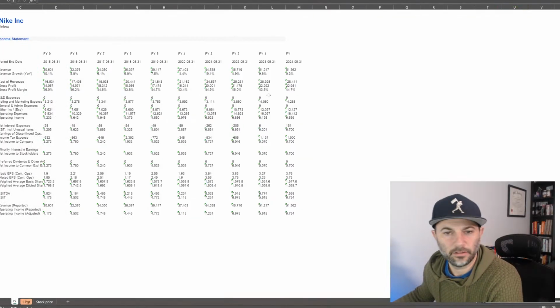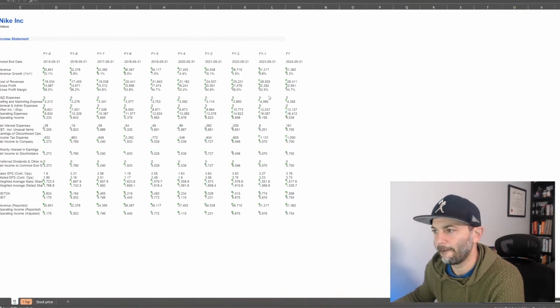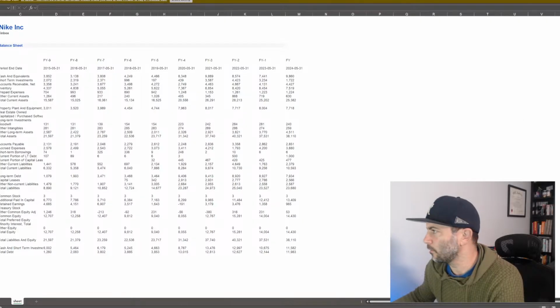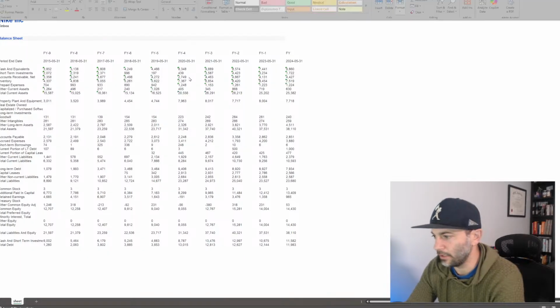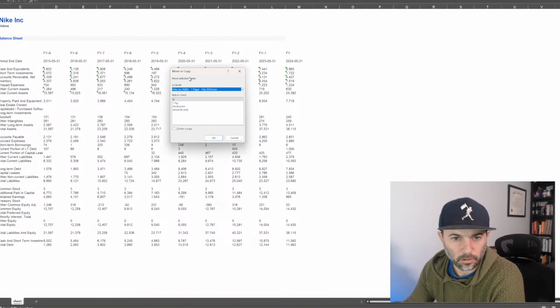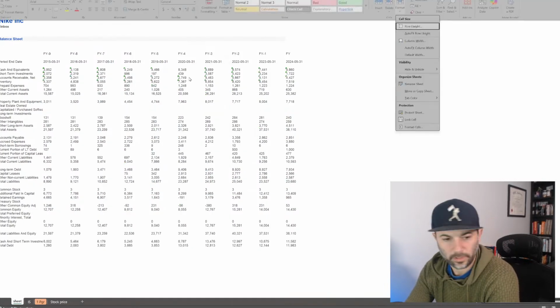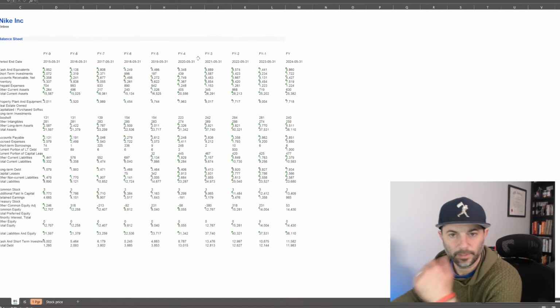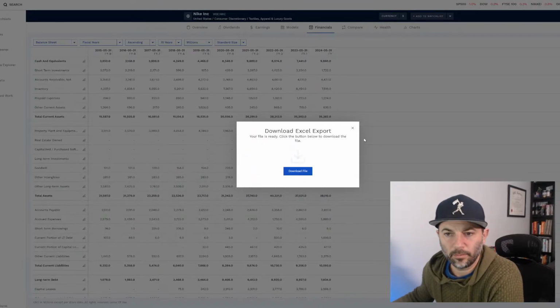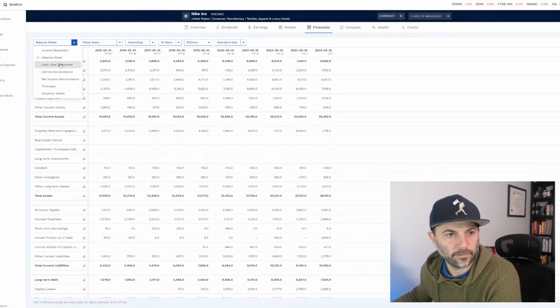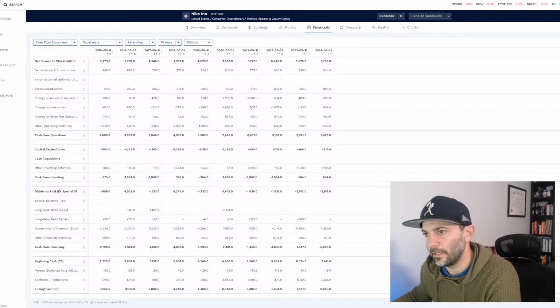Get the balance sheet. And done. Let's move the balance sheet over to our one pager, and we'll label it balance sheet. That'll work. Go back to the stock market, and let's get the last cash flow statement. Again, just getting some data.